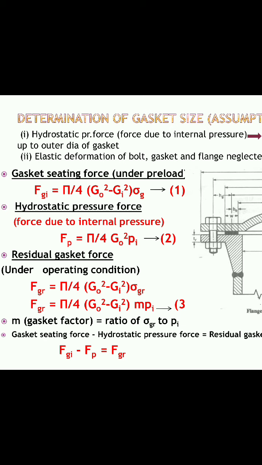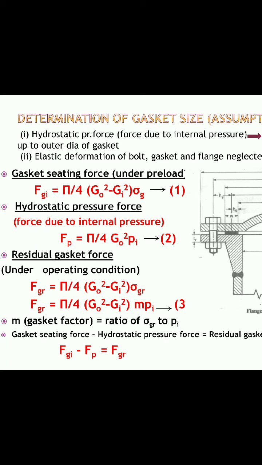So FP is equal to pi by 4 GO square into Pi. So by considering FGI and FP, residual gasket force can be determined. FGR is equal to pi by 4 (GO square minus GI square) into sigma GR. FGR is equal to pi by 4 (GO square minus GI square) M Pi. So let us consider this as equation 3.